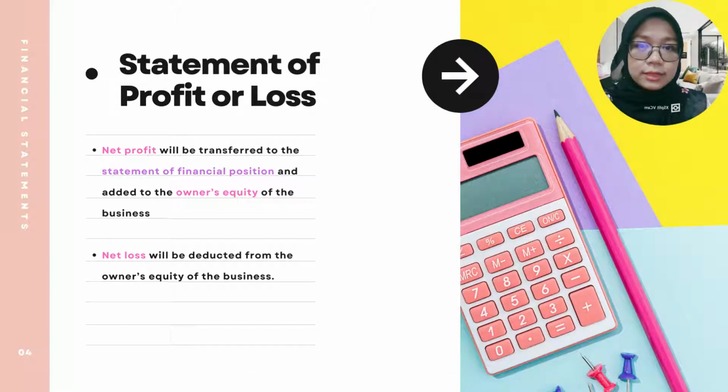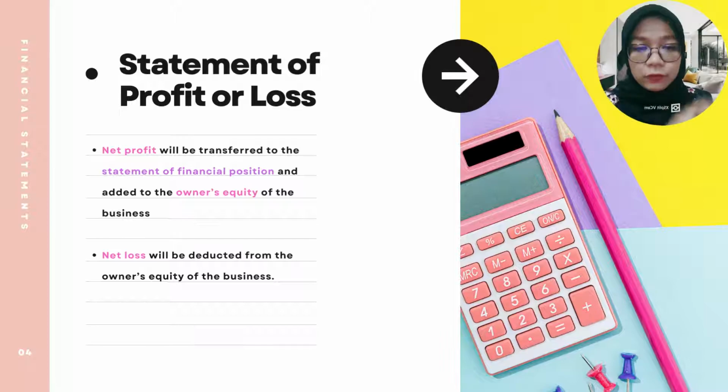So a statement of profit or loss should start with the sales amount and then minus the cost of sales, also known as cost of goods sold, and then we will come up with our gross profit. We plus other income and minus other expenses, and then we will get the net profit or net loss as mentioned before.